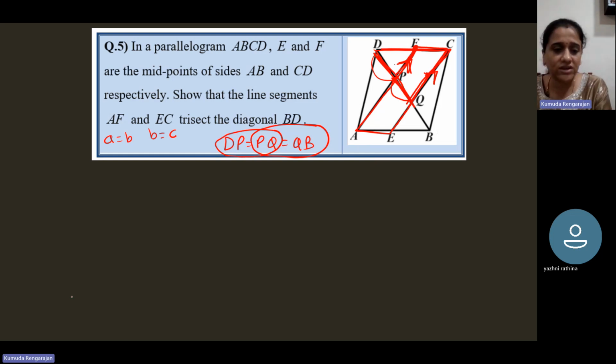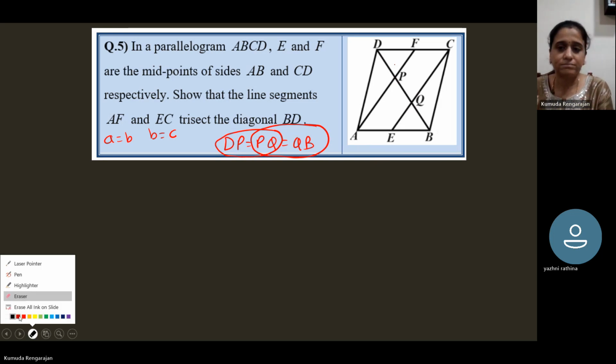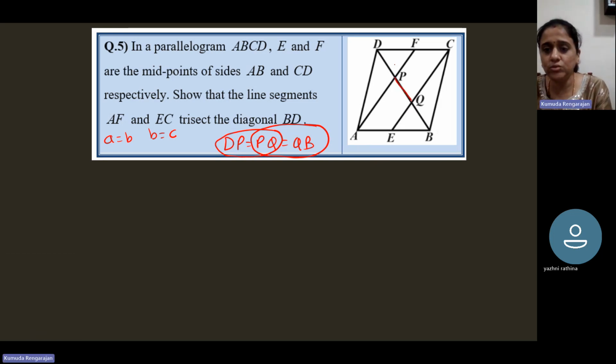So now we need to take a triangle that has PQ and QB. So see this triangle. Now, when you take this triangle, you also notice that we have this point E, which is the midpoint of AB.